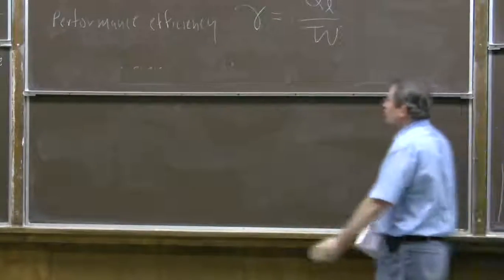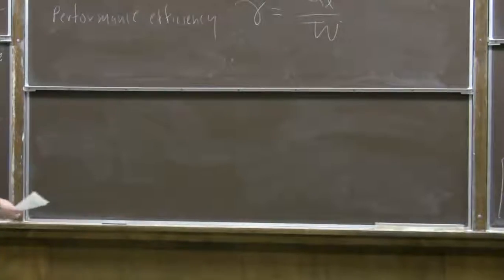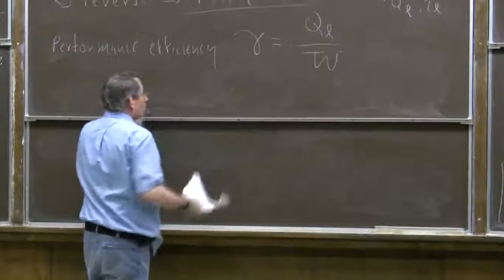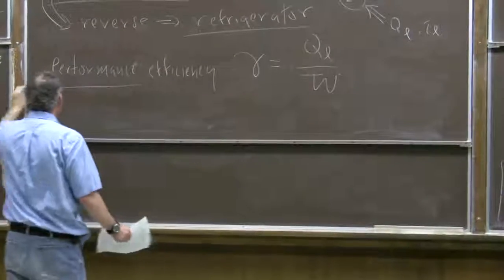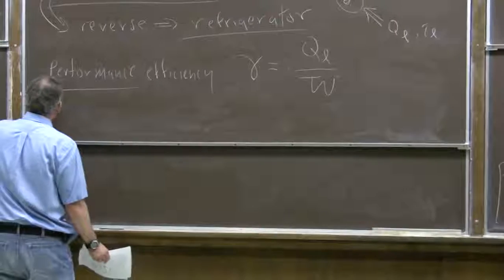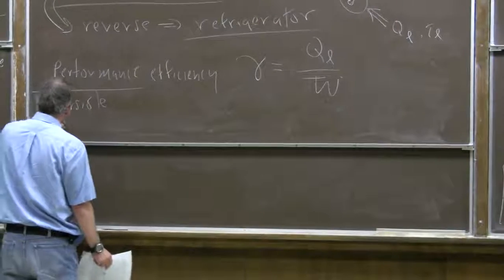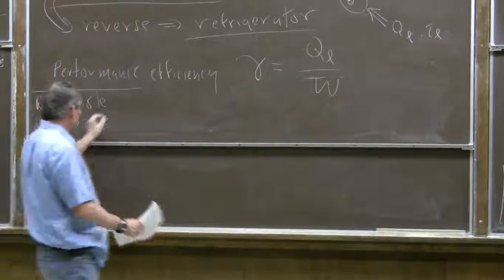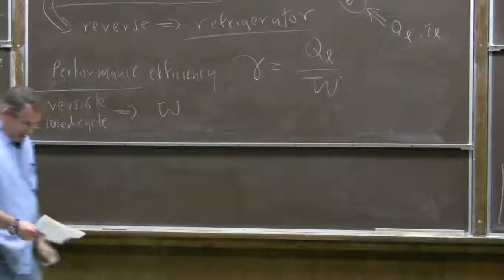Well, the best possible refrigerator, again, operates reversibly without any change of entropy. So we know what the best possible refrigerator efficiency is. It's that which is achieved by a reversible refrigerator undergoing a closed cycle. So we can repeat the cycle over and over again. If it's a closed cycle, no change in the internal energy.